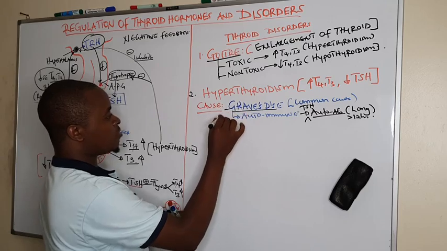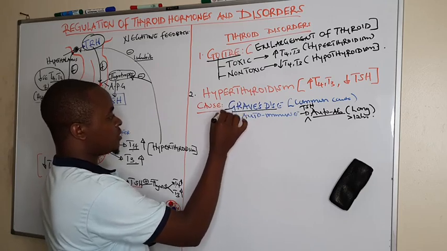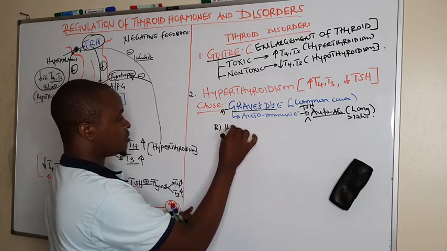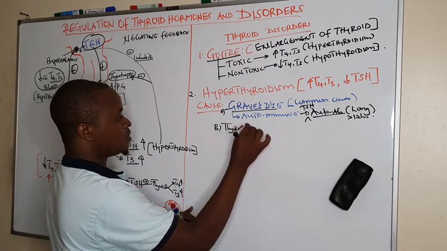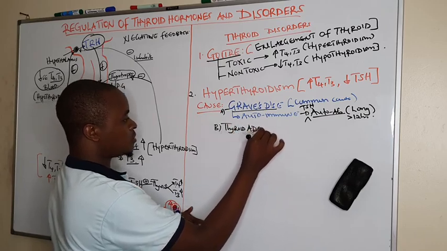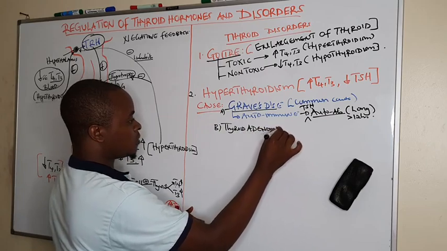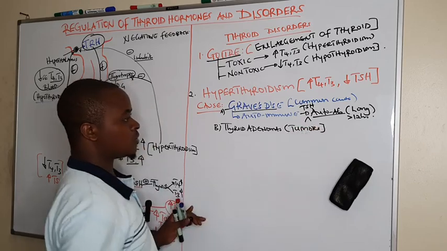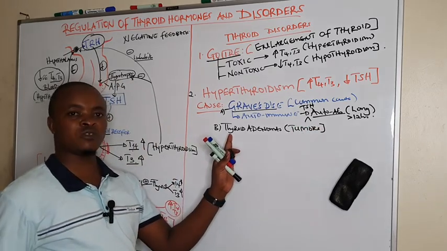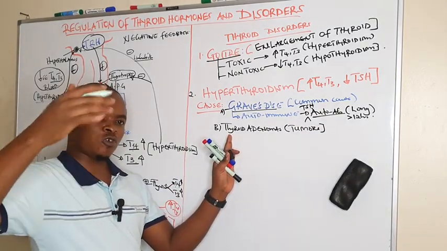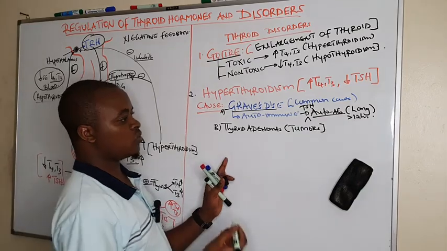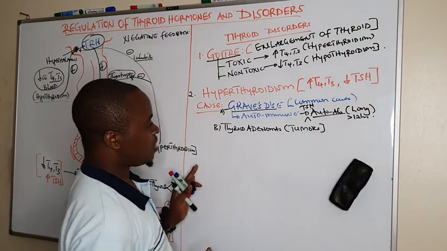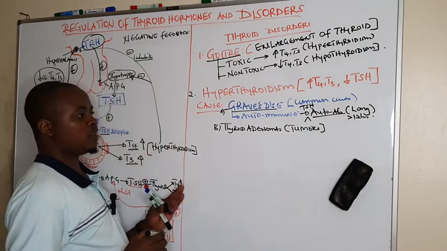Another cause apart from Graves' disease is thyroid adenomas. Thyroid adenomas, or you can call them tumors, can also cause it, whereby the thyroid has tumors that continuously or progressively produce tetraiodothyronine and triiodothyronine, that is T4 and T3.